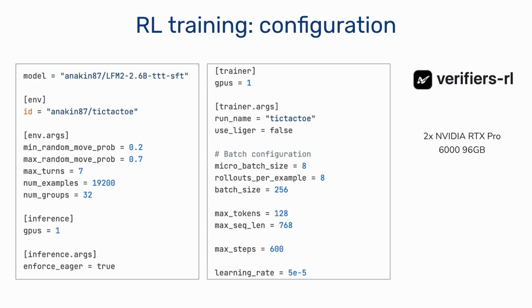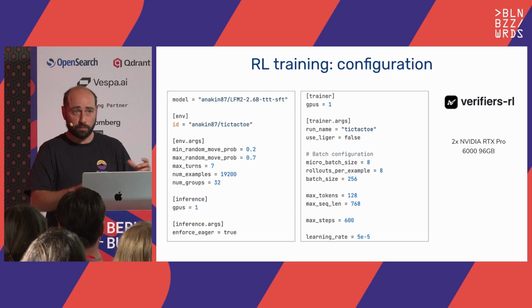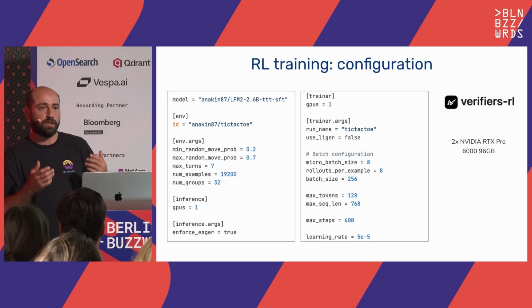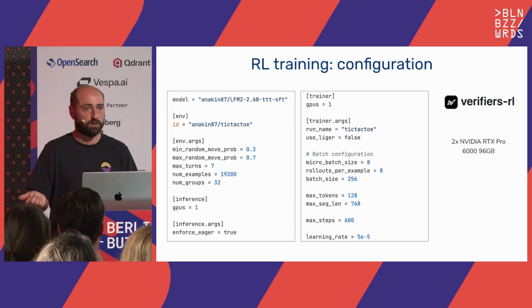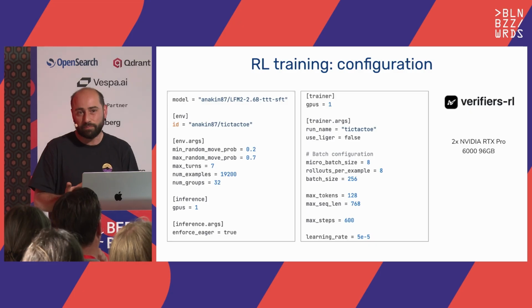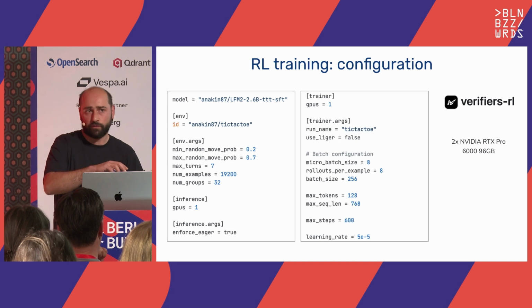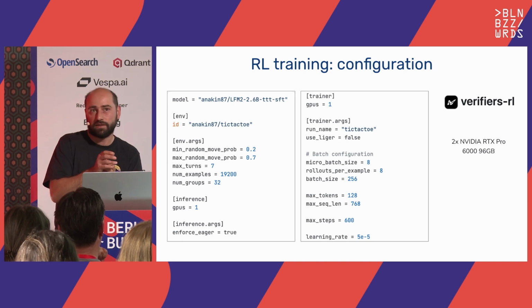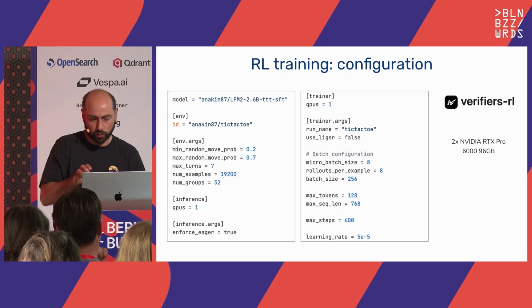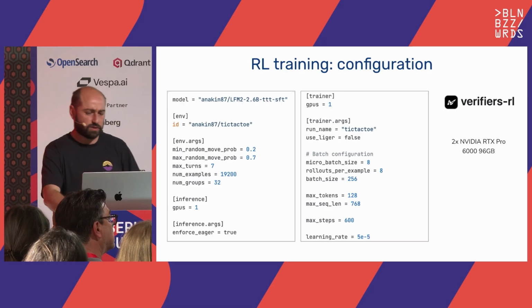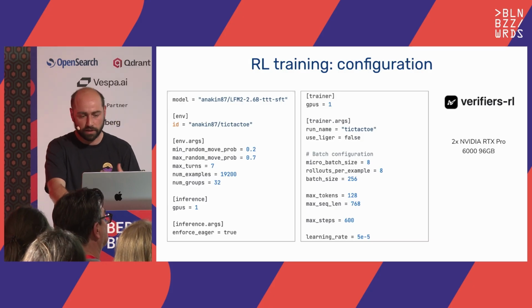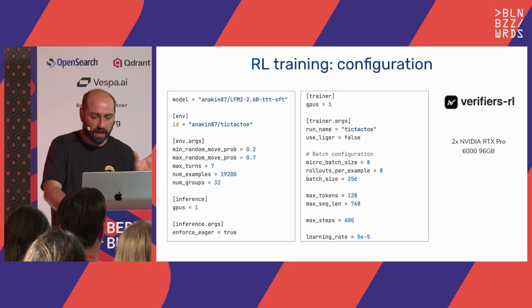So if, for example, we decide to have 16, this means that the model is learning from just 16 games, and it may just learn strategies that work for this specific small number of games. So I have found that batch size is very important and should be high.